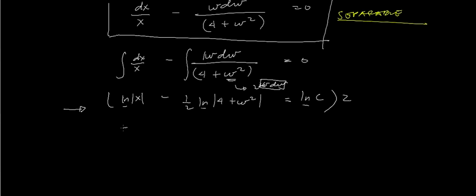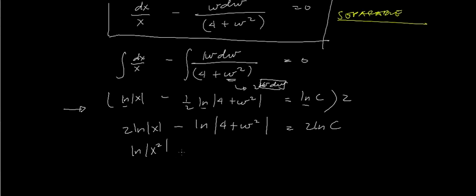If we do so, we have 2 ln of x minus ln of 4 plus w squared is equal to 2 ln of c, and we have ln of x squared, so we move this 2 as the power of our x. So we have minus ln of 4 plus w squared is equal to ln of c squared.